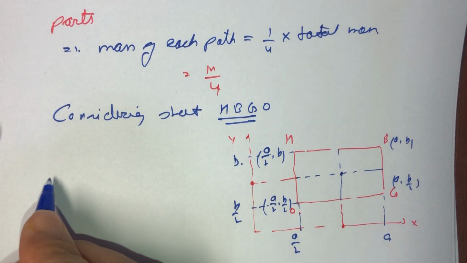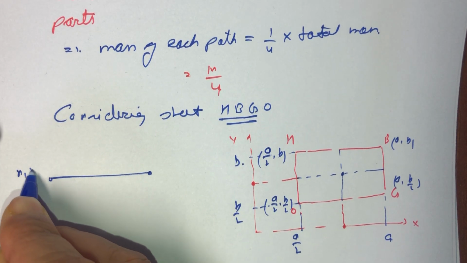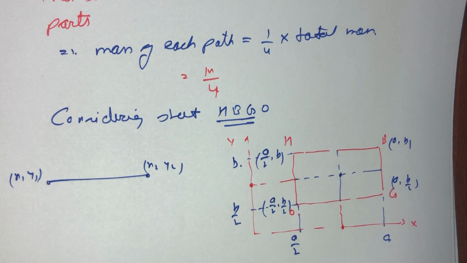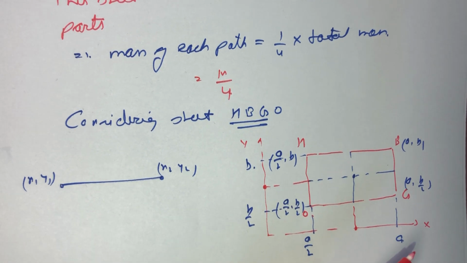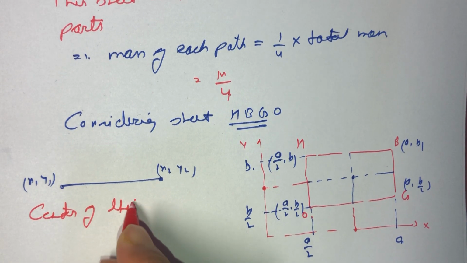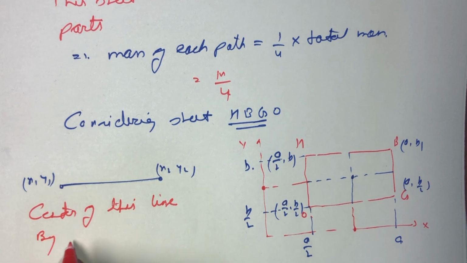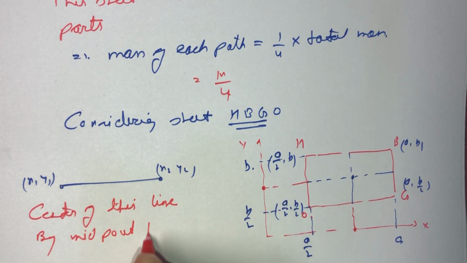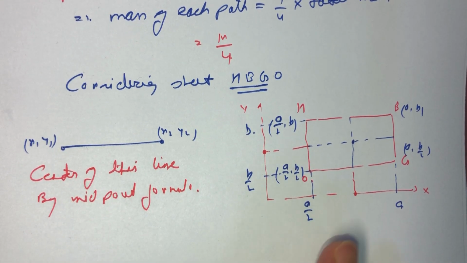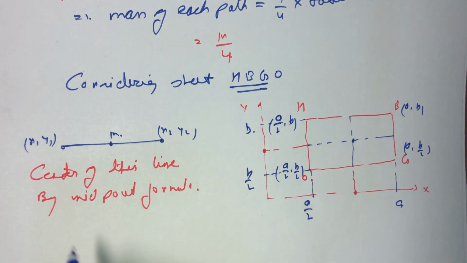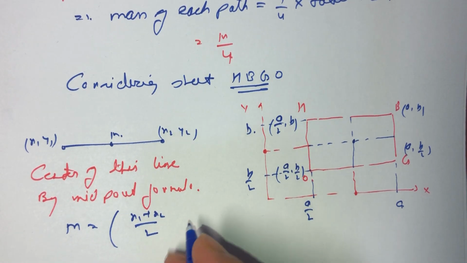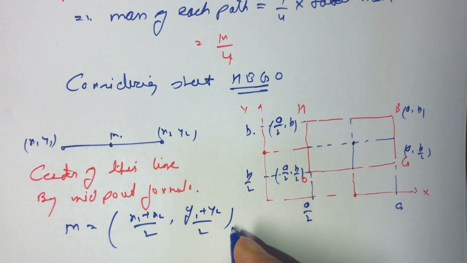If we have a straight line with coordinates x1, y1 and x2, y2, then the center of this line by the midpoint formula, let us suppose that point is M, will be M equal to x1 plus x2 divided by 2, comma y1 plus y2 divided by 2.